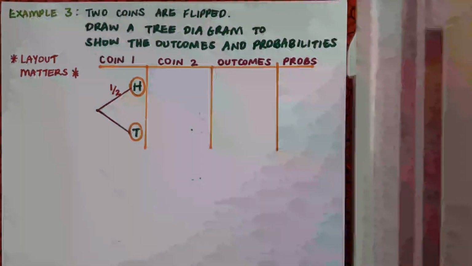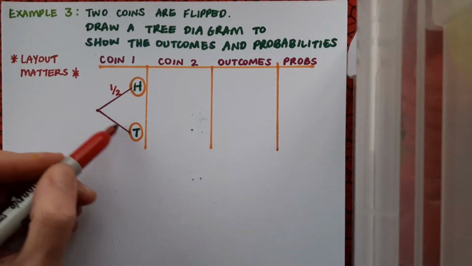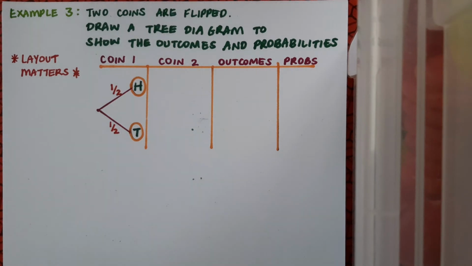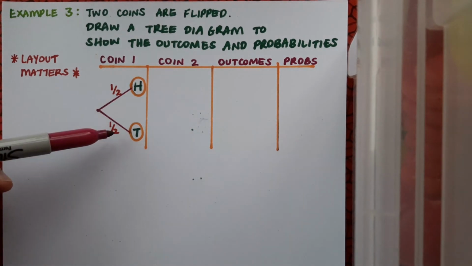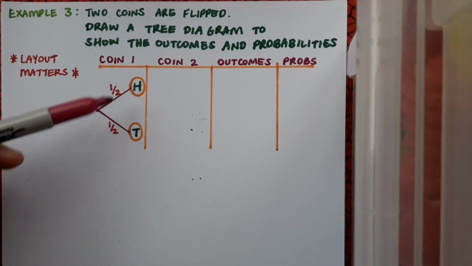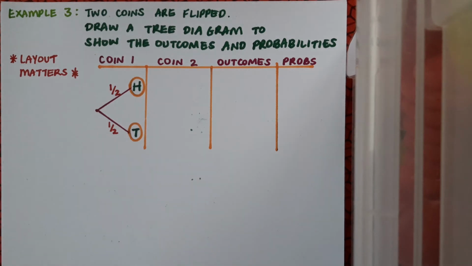So I'll fill that in there, and I'll do the same for the probability of getting tails. So this is what's particularly nice about a tree diagram over a two-way table. It allows me to incorporate the probabilities as I go through the diagram. And while these two events, heads and tails, are equally likely, just like in the two-way diagram, they don't have to be in a tree diagram. They can be different probabilities depending on what's going on.